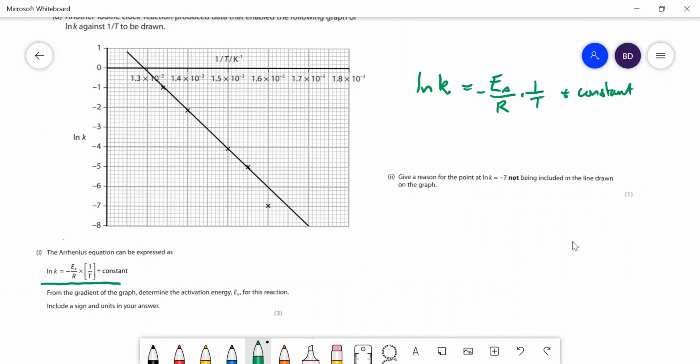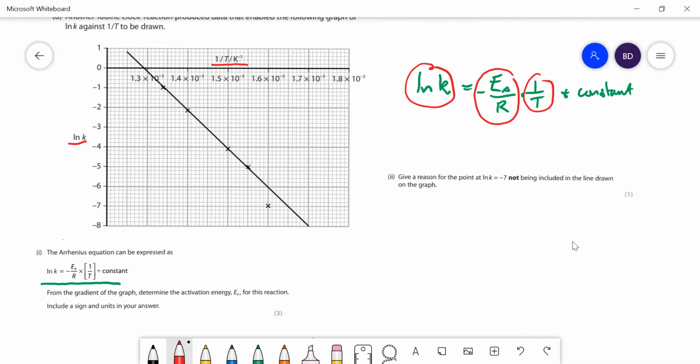So we plot ln k on the y-axis, 1 over T on the x-axis, and the gradient is minus Ea over R. We've got to use the gradient to determine the activation energy.